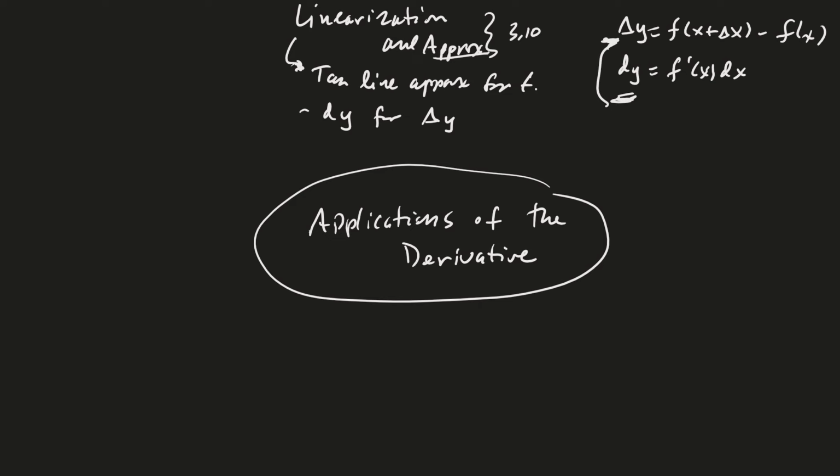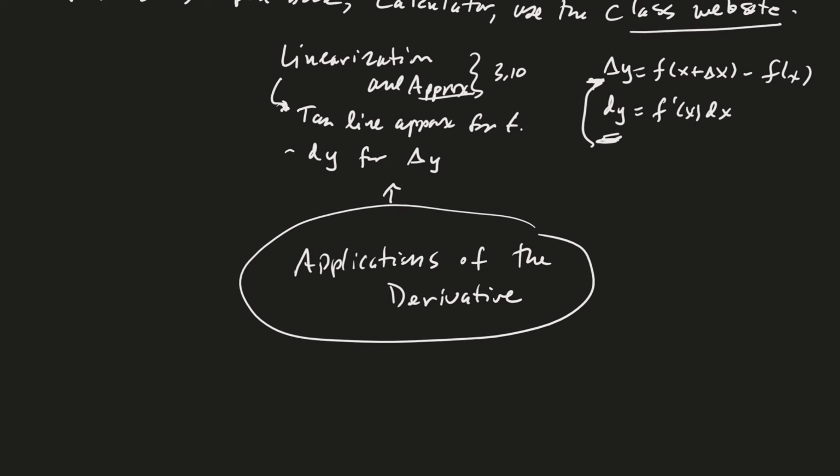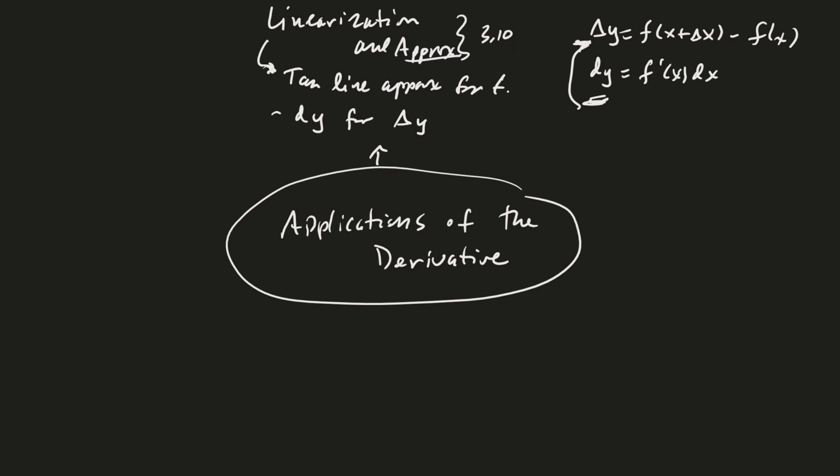Good. And so we'll do some more detailed examples of that in just a second. But I just wanted to finish off our set of topics here. So another main thing that we talk about is the shape of f of x and the EVT. What I mean by the shape of f of x is we go through and talk about f increasing, decreasing, f concave up, concave down.